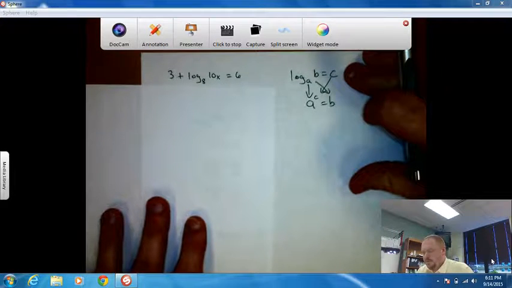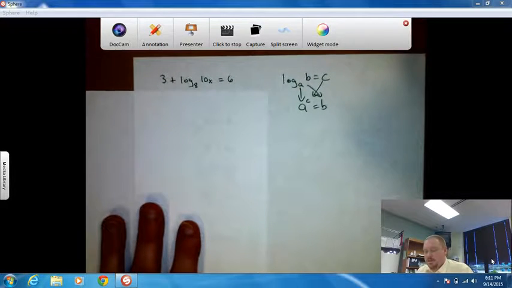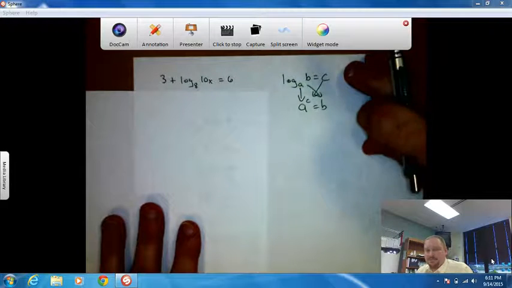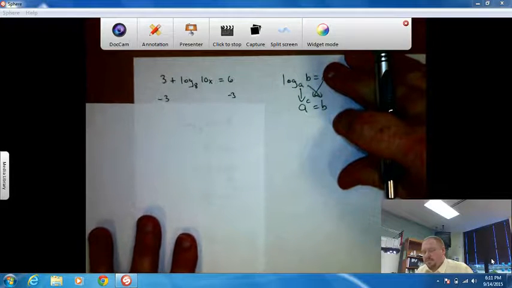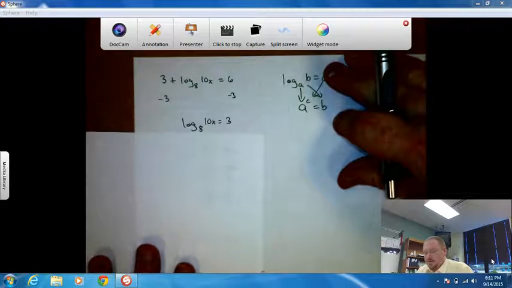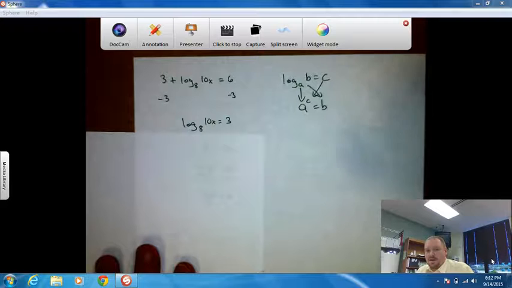So here's my equation. 3 plus log base 8 of 10x equals 6. So I'm going to get the log by itself. So I'm going to subtract 3 from both sides. Now, log base 8 of 10x equals 3. I'm stuck. There's nothing more I can do. So when there's nothing else over here to move, it's time to switch.